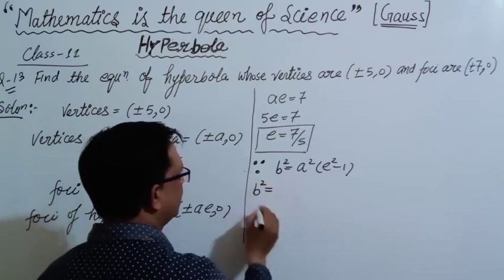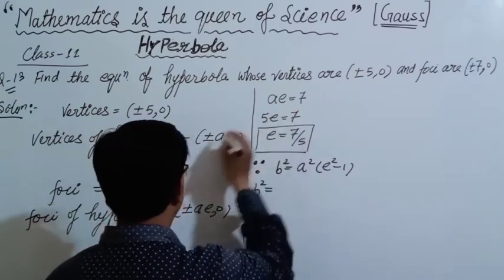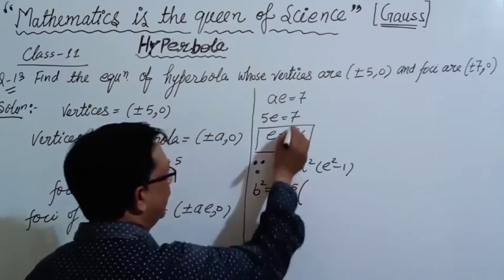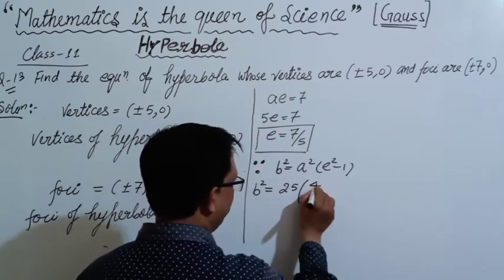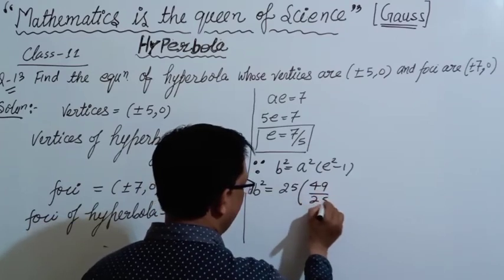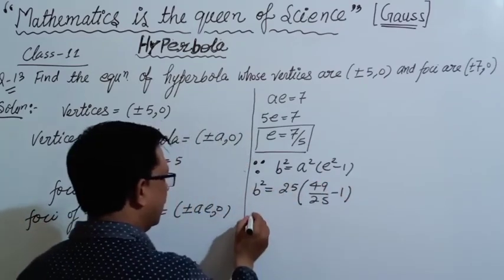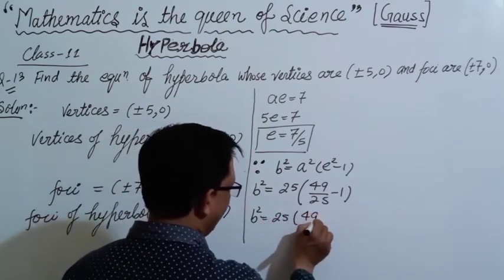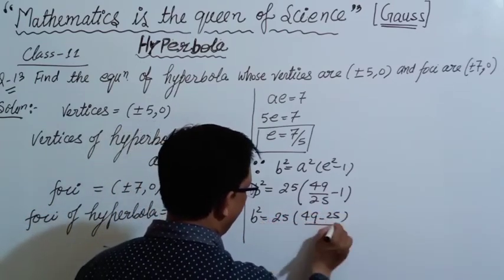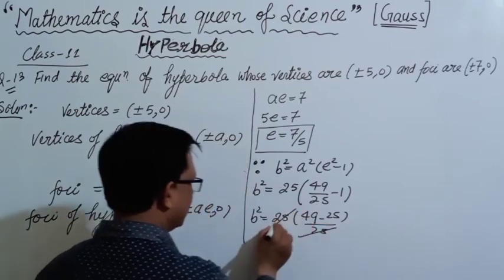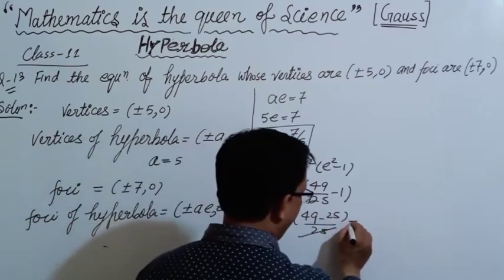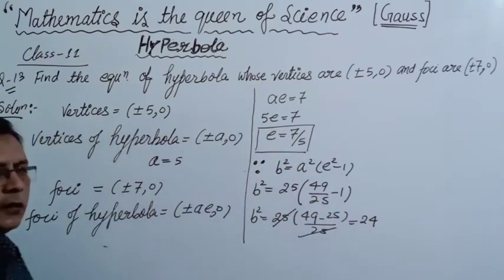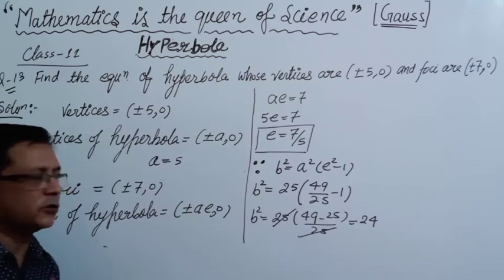So b square is equal to, the value of a square is 5 square, which is 25, and e square is 7 by 5 whole square, which is 49 upon 25, minus 1. Now b square is equal to 25 into 49 minus 25 upon 25. So this is cancelled out, and 49 minus 25 is 24. Now our last step is we write the equation of the hyperbola.